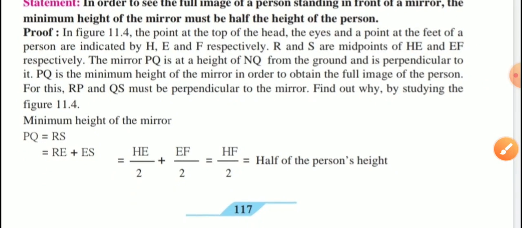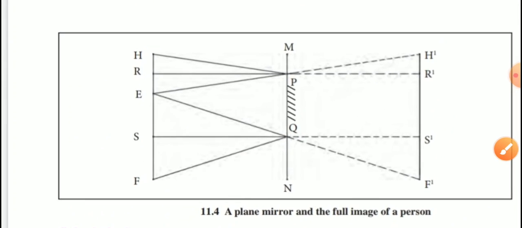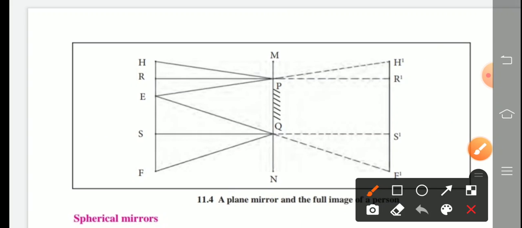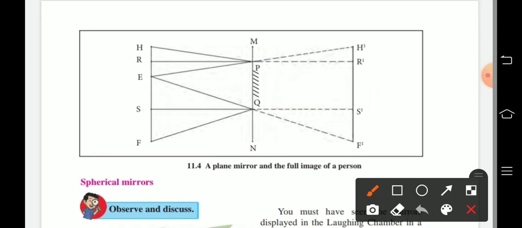So the full image of that person is observed. A small proof is given here, in figure 11.4. Check here. This is the figure 11.4. This is the size of the mirror PQ.